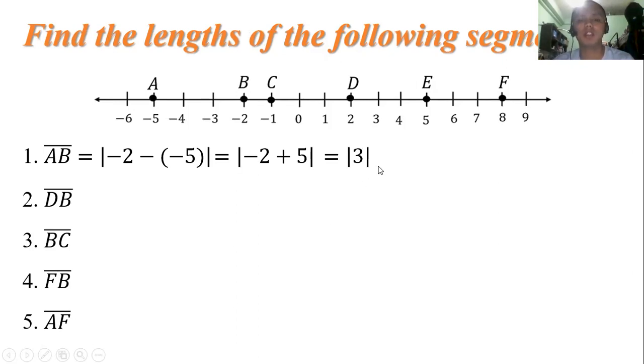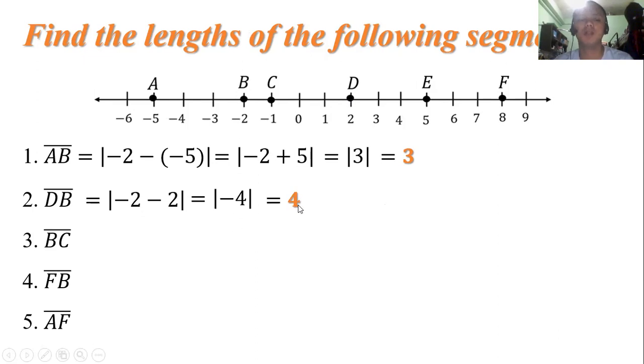Then absolute value of positive 3 is 3. Next, DB. From D to B, what is the distance? Here, pwede kong unahin si negative 2 minus positive 2. Negative 2 minus 2, that would be equal to negative 4. Then what is the absolute value of negative 4? That is positive 4.